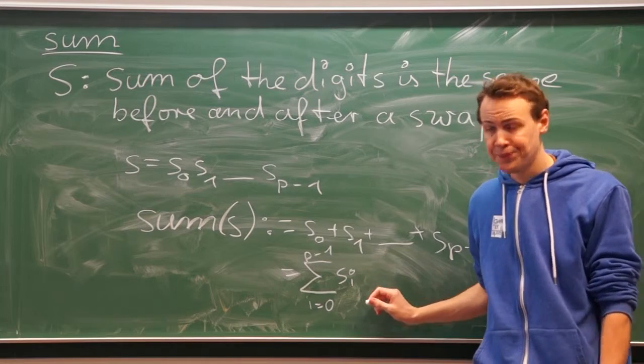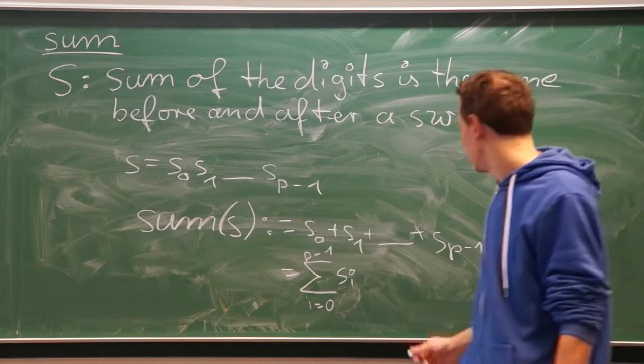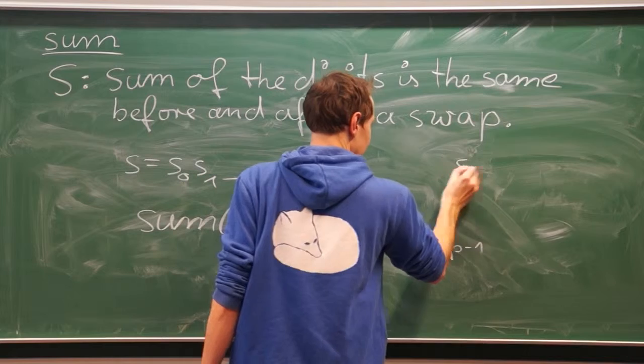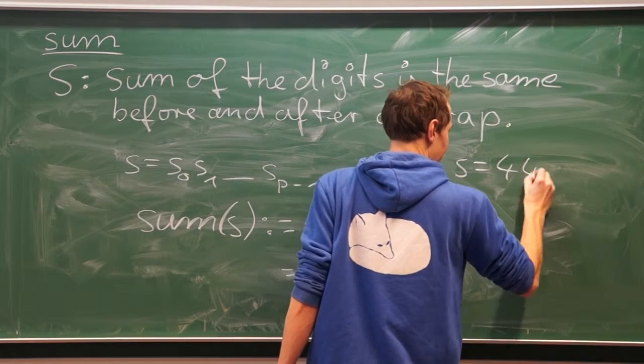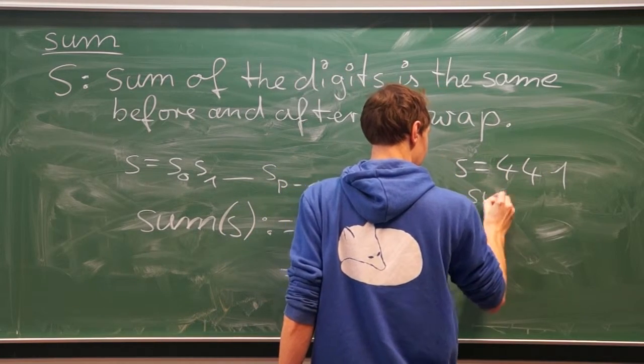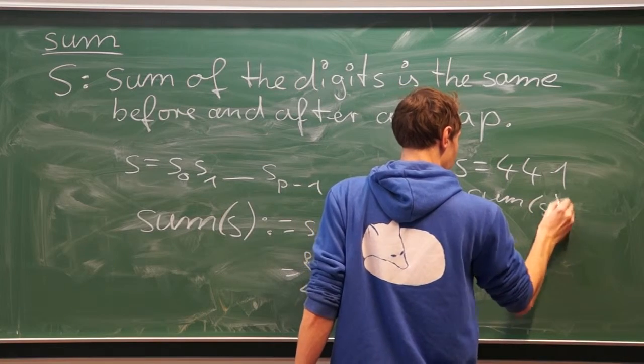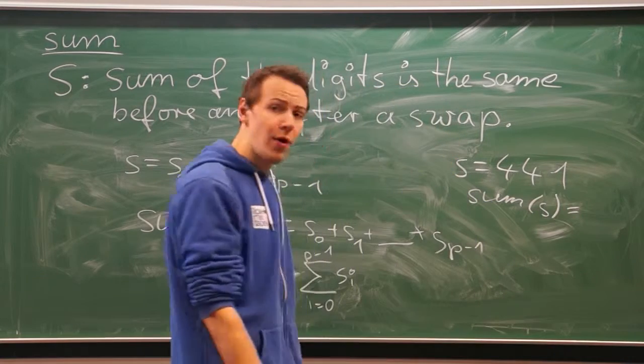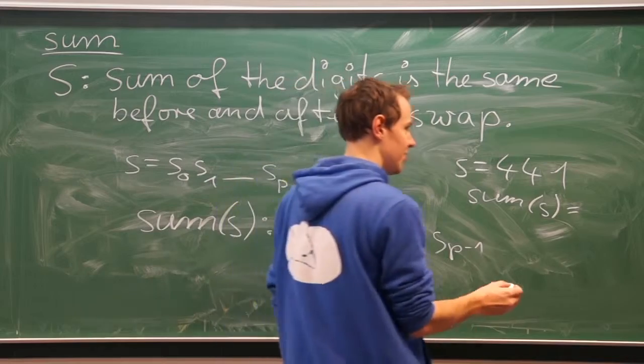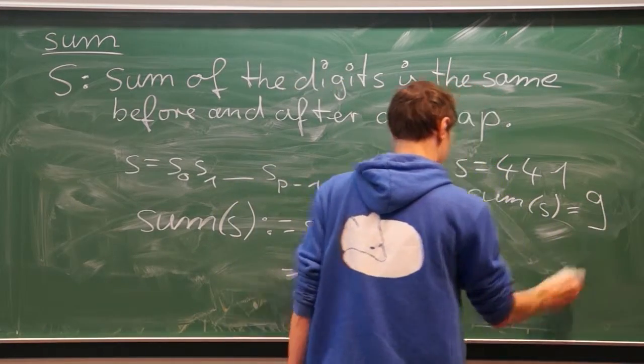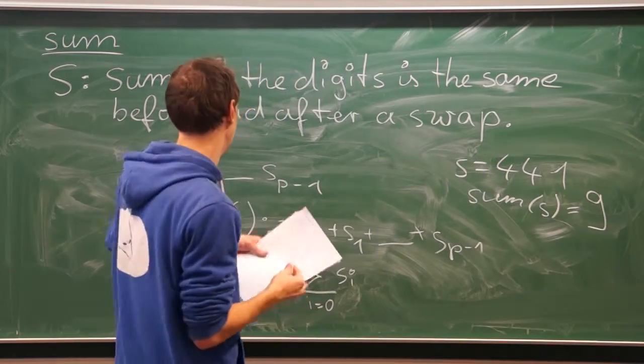So this is the sum. Just for example, if we have 4 4 1, the sum of it is 4 plus 4 plus 1, which is 9. Okay? Nothing special so far.